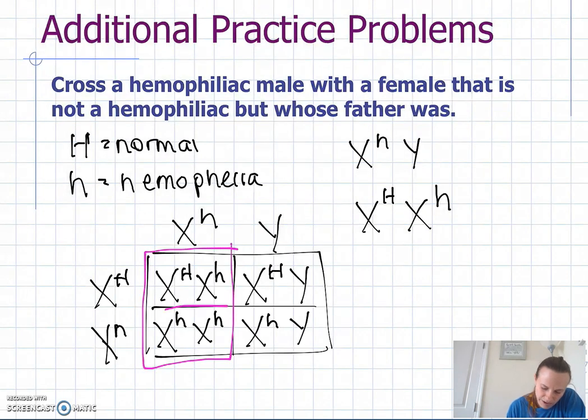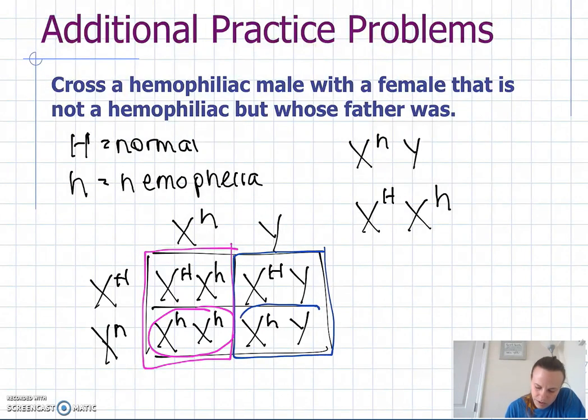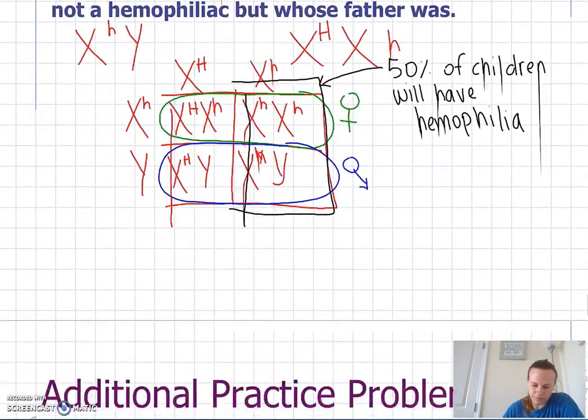One of my females has hemophilia, the other female does not. And if I were to look at just my males, again, one male will be hemophiliac and one will not.